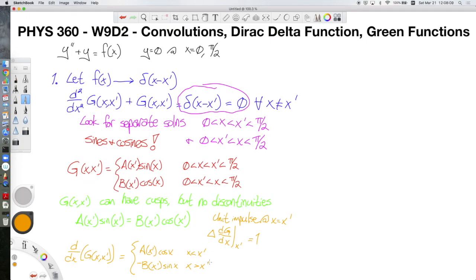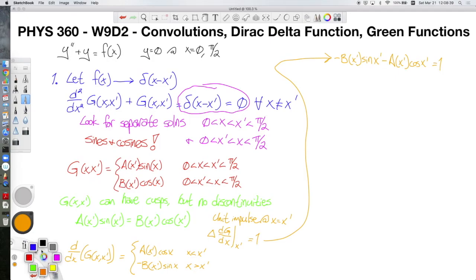So, taking this criteria we just talked about, because this is a unit impulse, that means the slope after x prime, immediately after, which is this function, minus the slope before, which is a of x prime times cosine of x prime, has to equal 1.